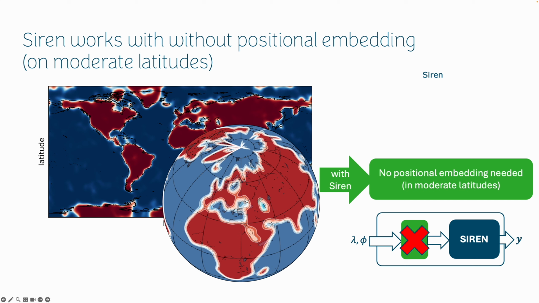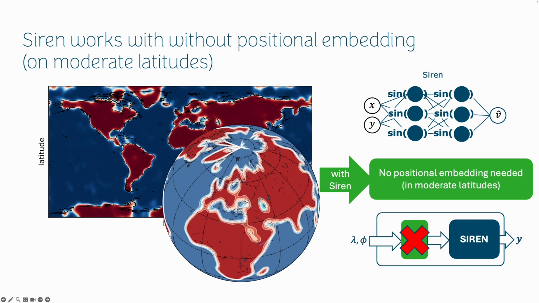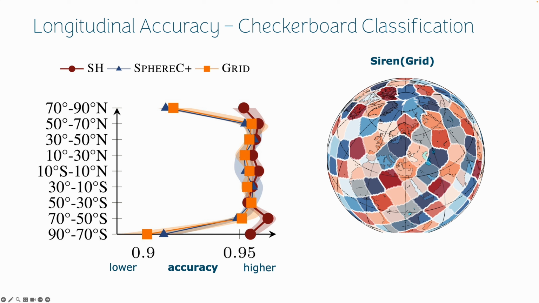But saying that, there are still discontinuities at the poles, because in that case we still have sine and cosine basis functions. The second part is to use spherical harmonics for the global scale, where the accuracy at higher latitudes matters. We have a toy example here on predicting a grid, and we show fairly clearly that the sine and cosine positional embeddings like sphere plus and grid lose a lot of accuracy as you go to higher latitudes.